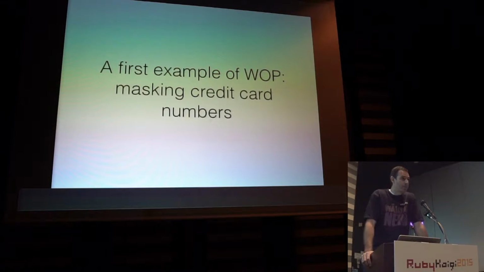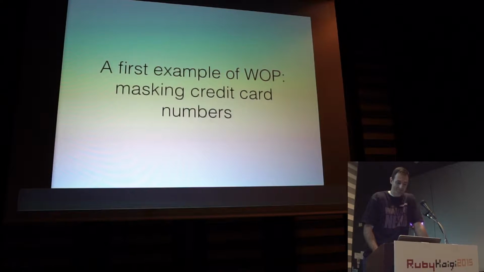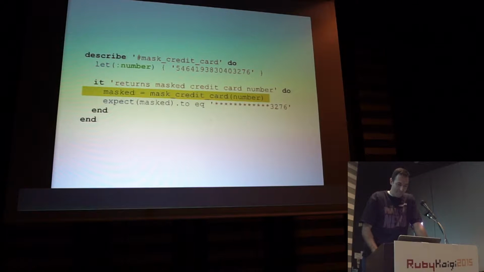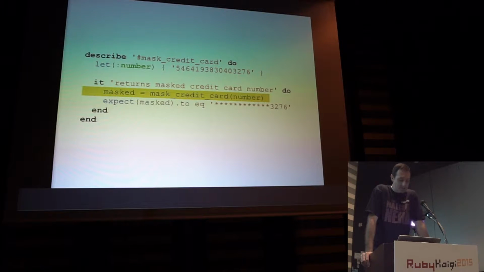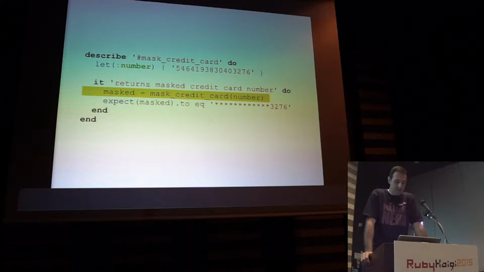A first example: masking credit card numbers. This is our spec test. We have a mask credit card method that receives a credit card number and returns only the last 4 digits visible.